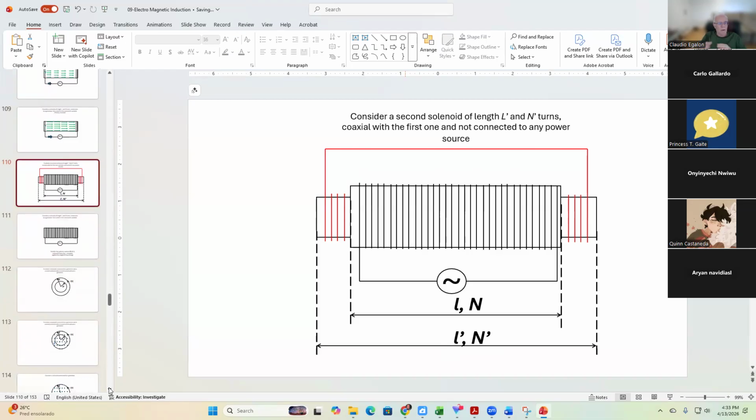When we have a situation like that, you already know that this primary solenoid will induce a current in the secondary solenoid, right?